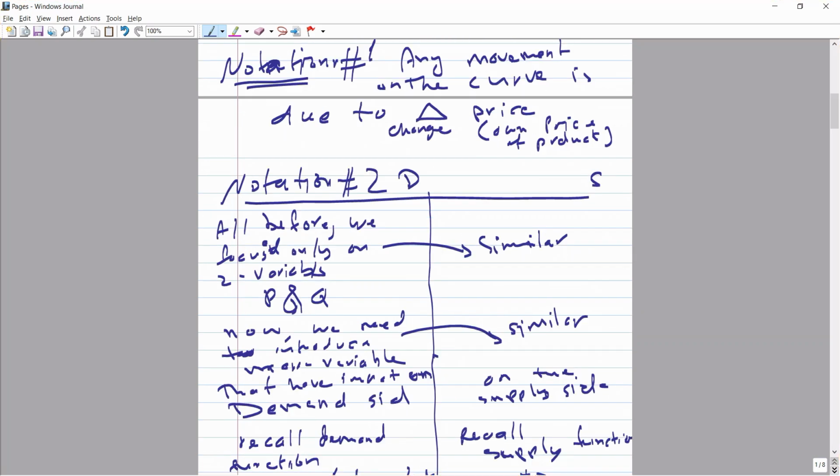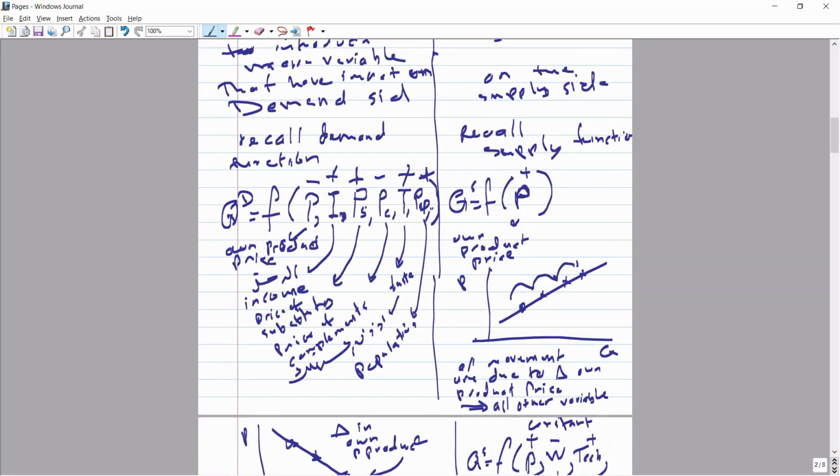Then we elaborated this assumption by going to notation 2, and we said that when there is any change in other variables in the same function. So if this is quantity demanded, there are many variables in the function which have impact on the quantity demanded, not only the price itself.